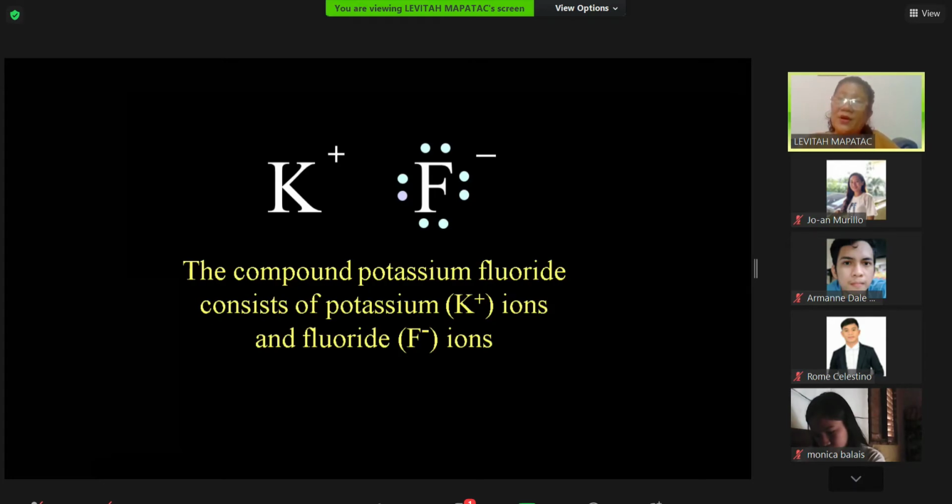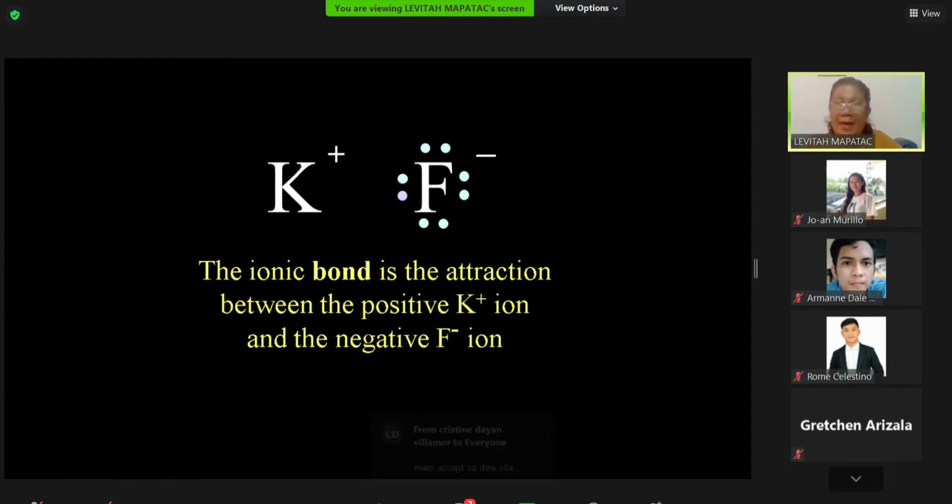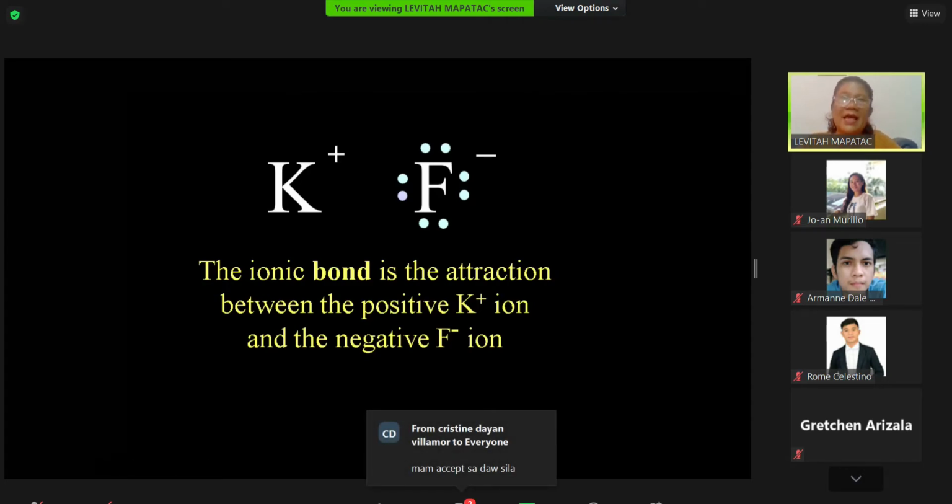It could either lose or gain an electron. This one loses one electron. This one gains one electron. Let's move on. So the ionic bond is the attraction between a positive potassium ion and a negative chlorine ion. Always remember, ionic bond is being formed by a metal and a non-metal. Metal and a non-metal, meaning it is ionic bond.